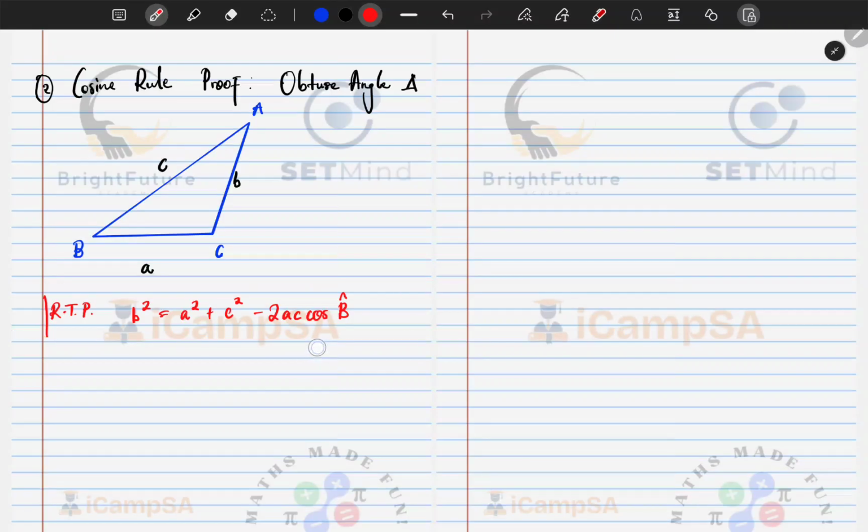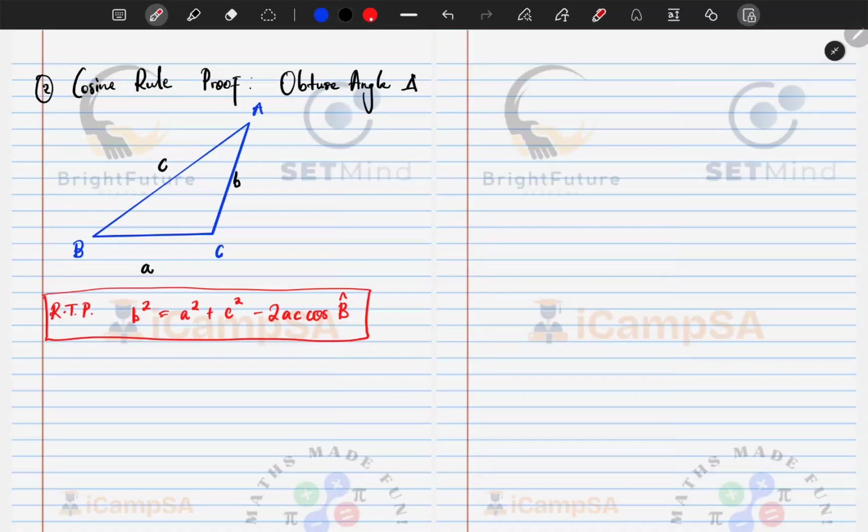I should be able to do this. So now let's see how we can do that. As I have indicated, in order for us to do this, we always require a right-angled triangle. So in this case, we have to construct a line.